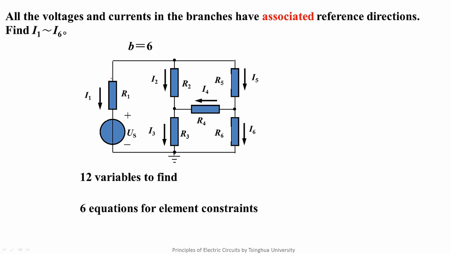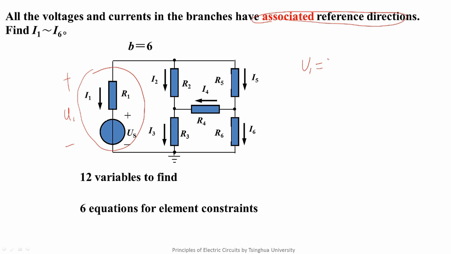Let's look at branch 1. We'll assume that the voltage and the current are with associated reference directions in these 6 branches. That is to say, for branch 1, the unmarked reference direction of the voltage is like this. We write the KVL equation for branch 1.